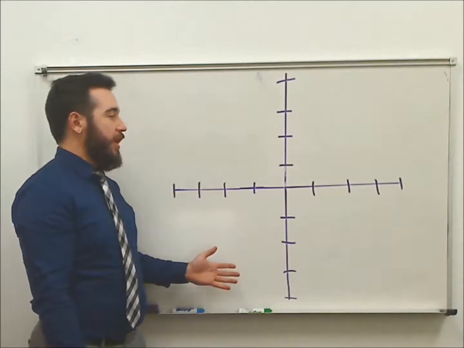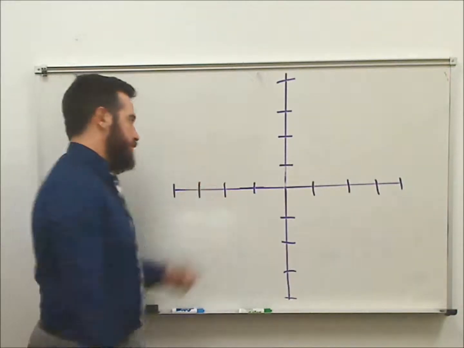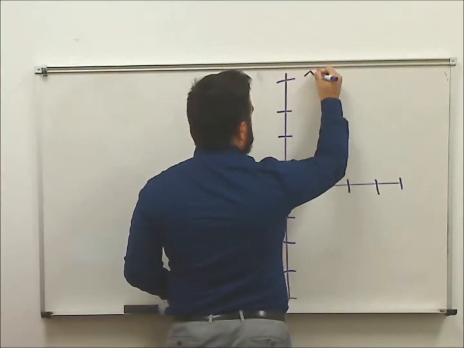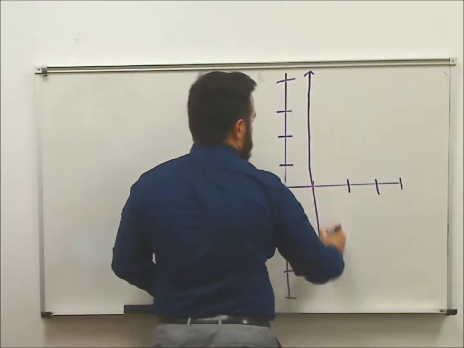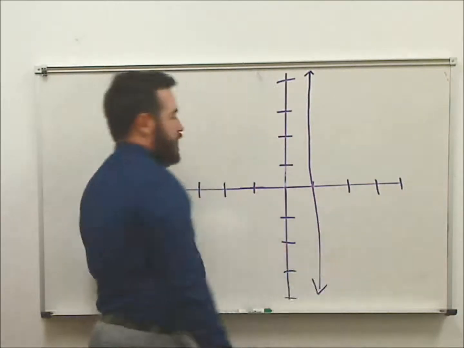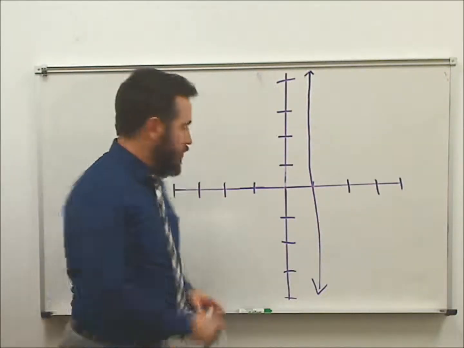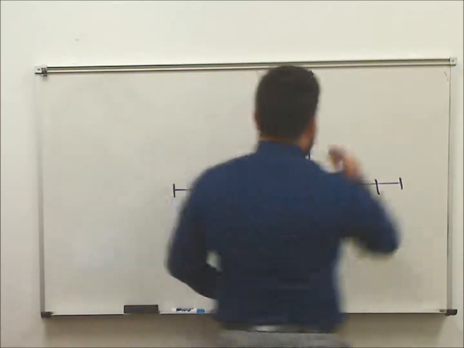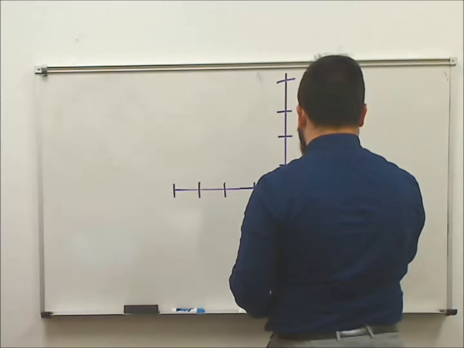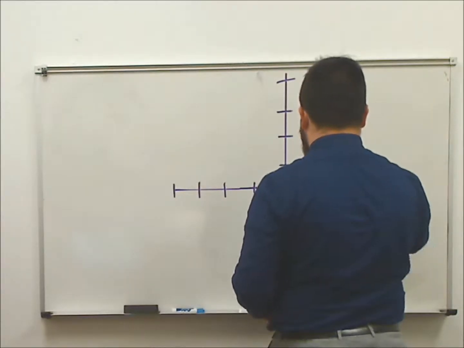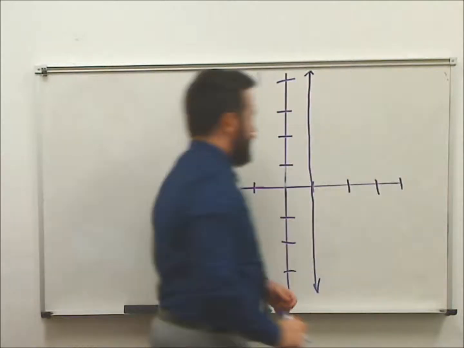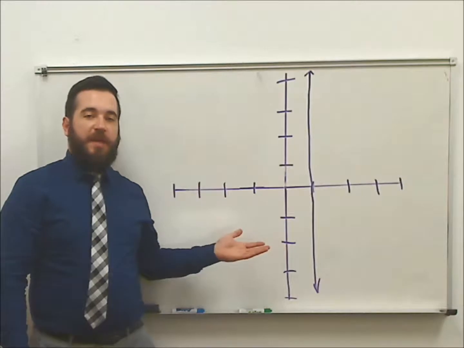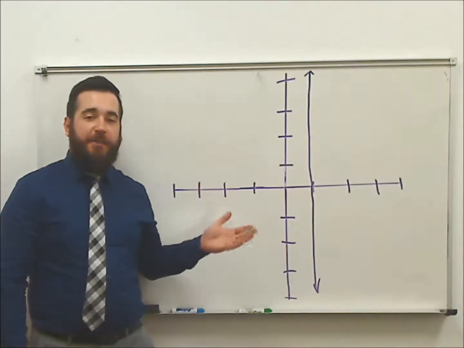There's a graph, and here's a function. Now here is an example of a graph of something that is not a function.